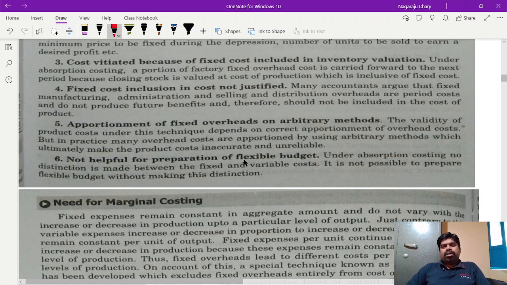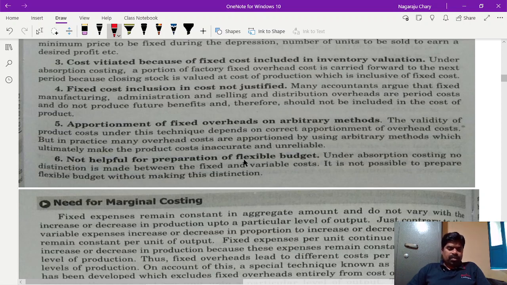So the arbitrary method may not be suitable to allocate this expenditure. All the departments may not incur equal expenses, equal cost. So that is the problem. It is an unreliable and inaccurate method to follow.